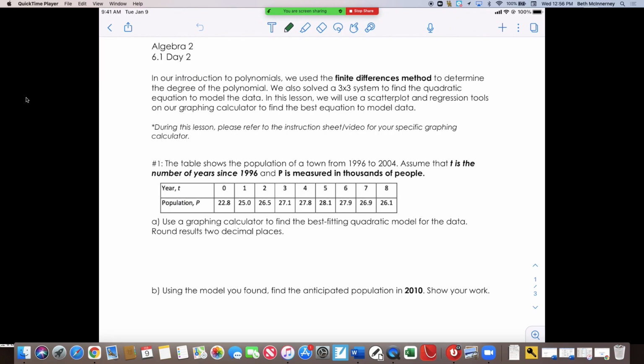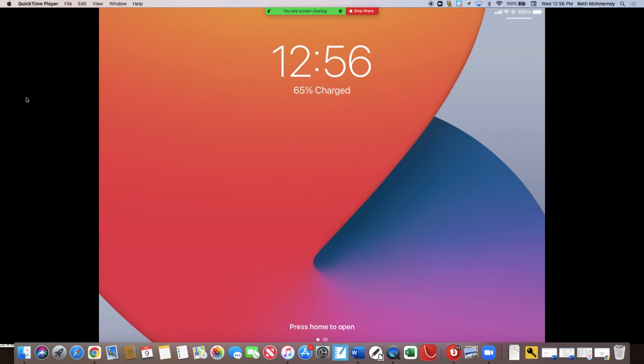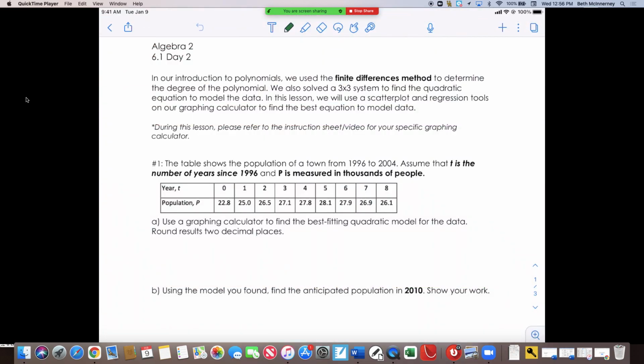So in letter A, it says we want to use a graphing calculator to find the best fitting quadratic model. So I would like you to use your highlighter on quadratic, so it's already telling me which type. I didn't have to do finite differences to figure that out.